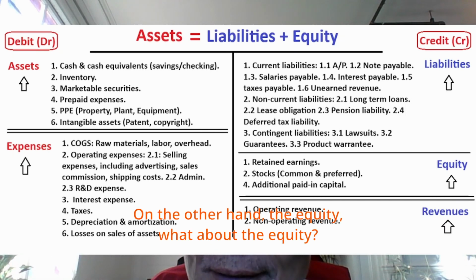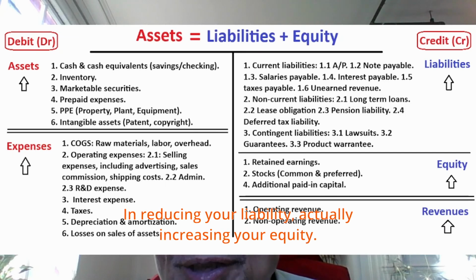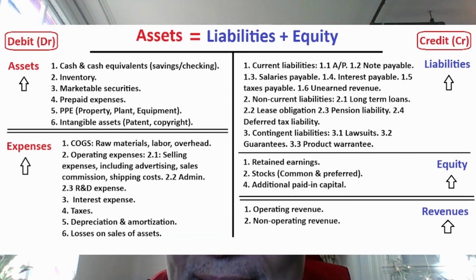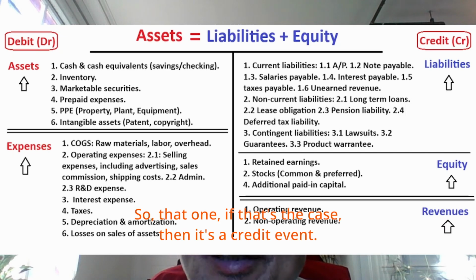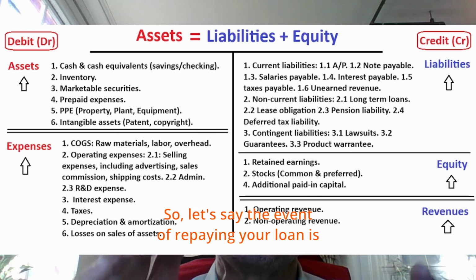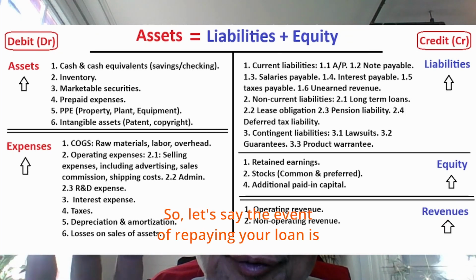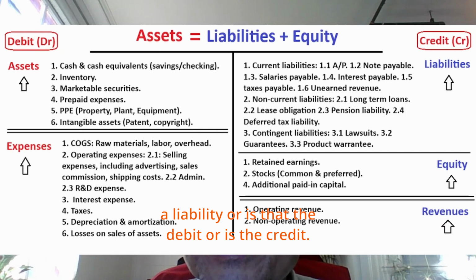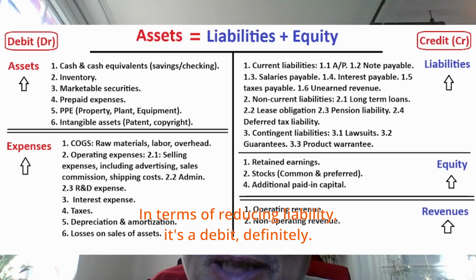On the other hand, the equity. What about the equity? Reducing your liability is actually increasing your equity, right? So if that's the case, then it's a credit event. So is the event of repaying your loan a debit or a credit? If it's in terms of reducing liability, it's definitely a debit.